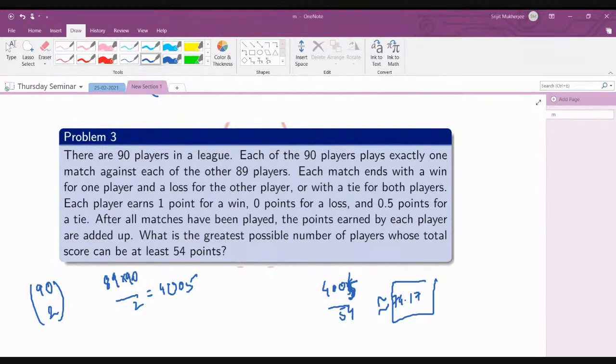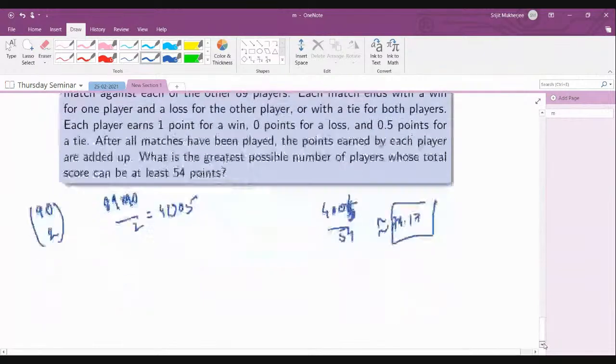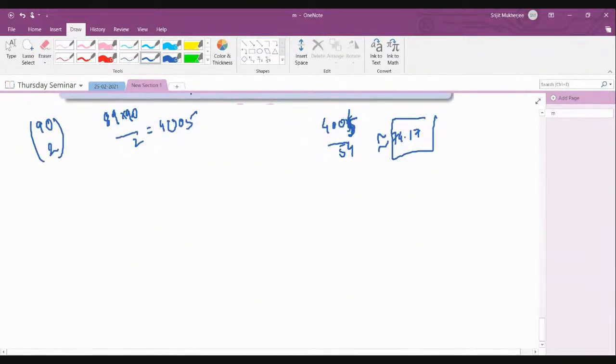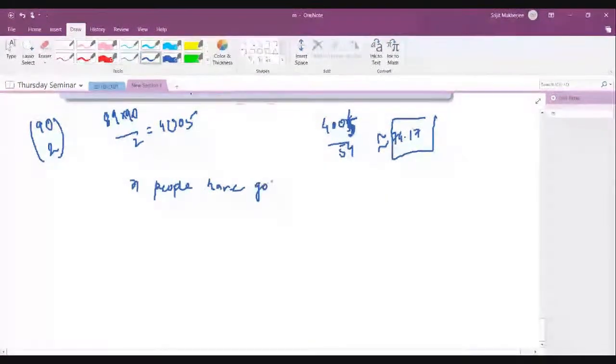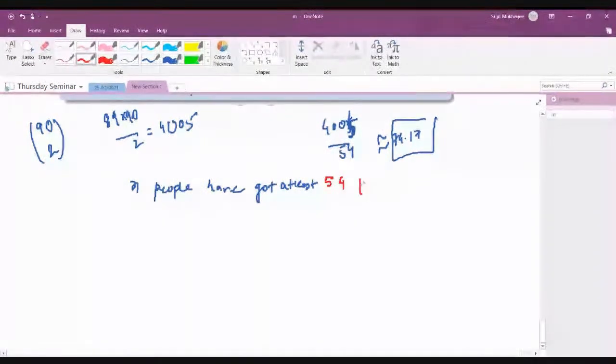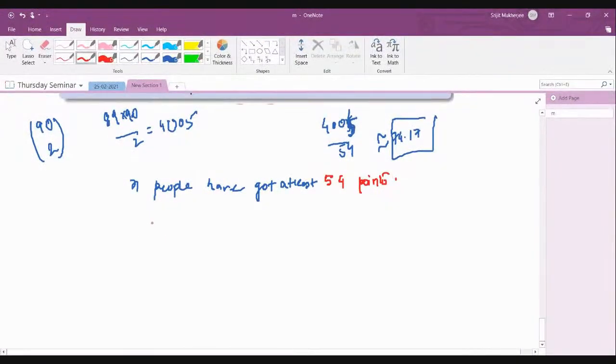Also understand this: suppose we are trying to find n, where n people have got at least 54 points, and the other people have got 0.